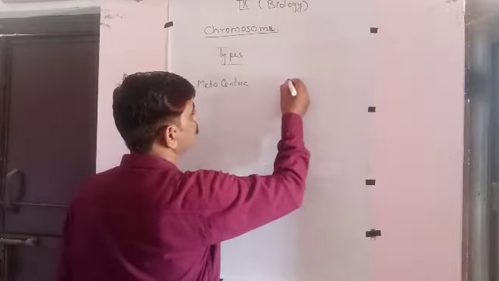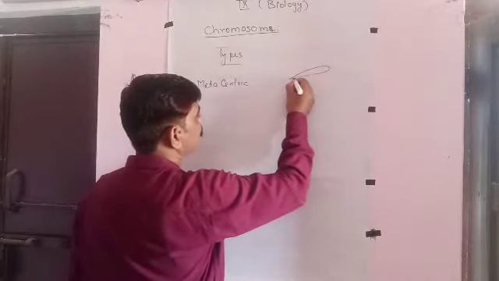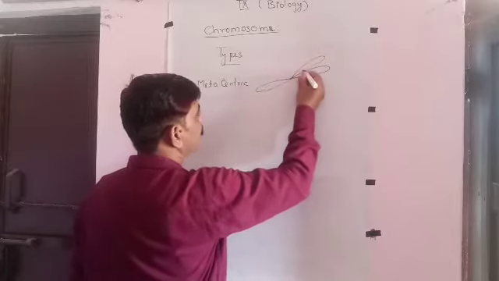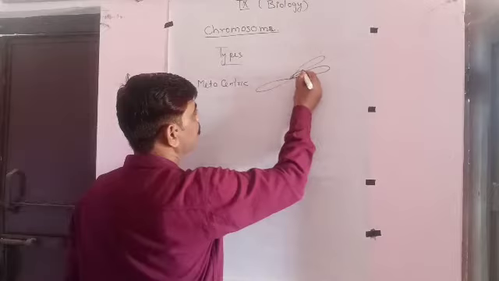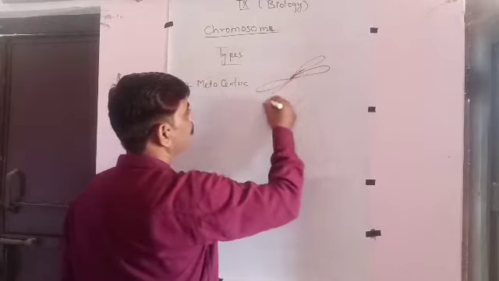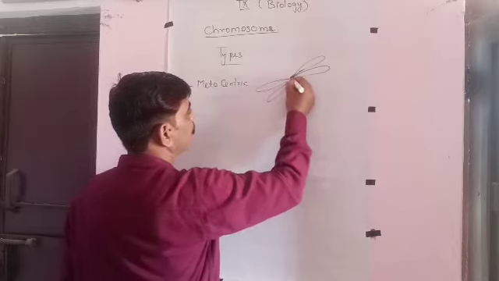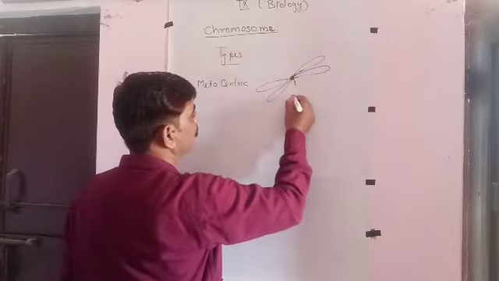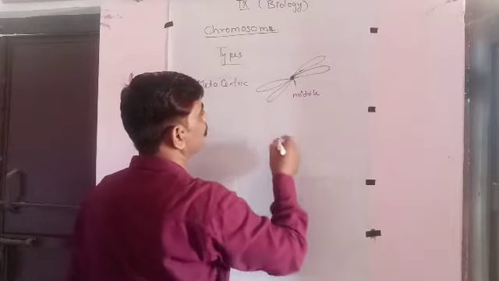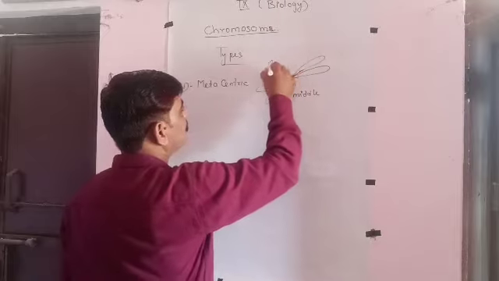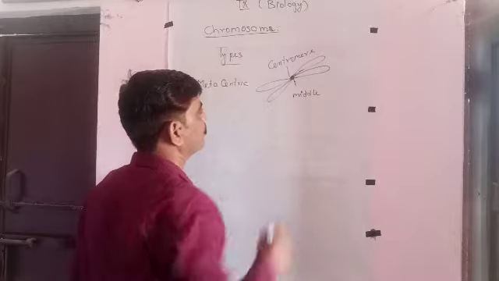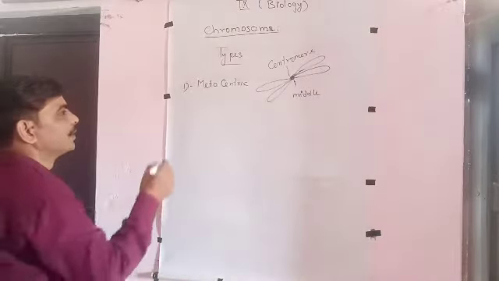The chromatids lie side by side, and both arms are nearly equal. The centromere is near the middle of the arms, the chromatids.